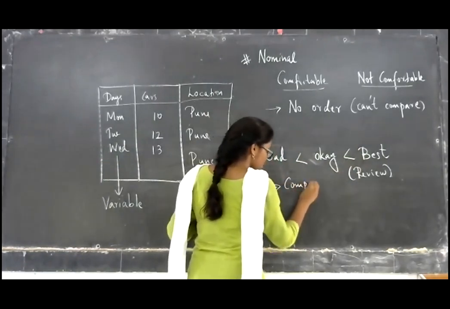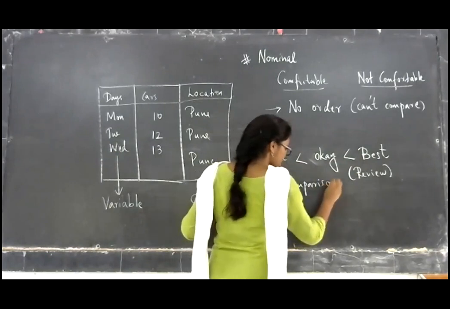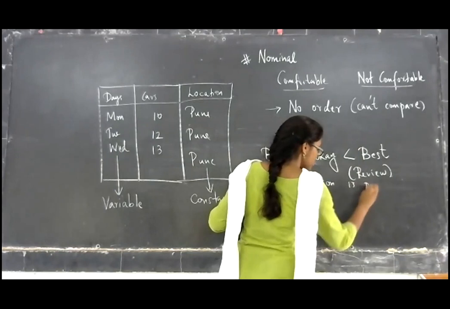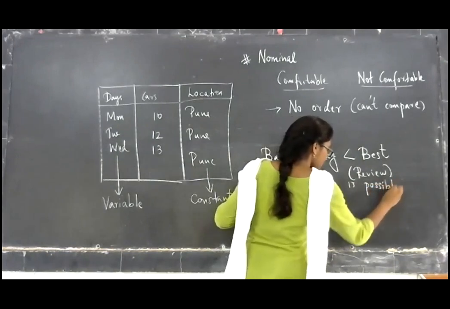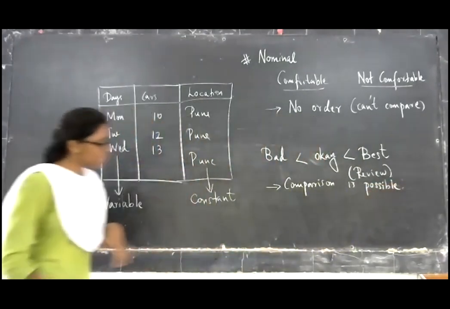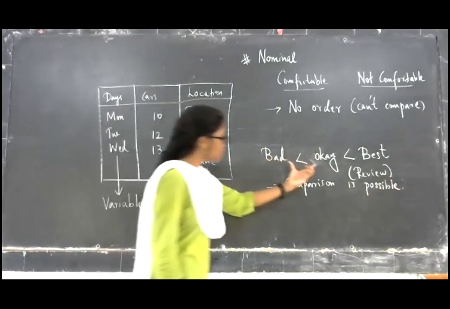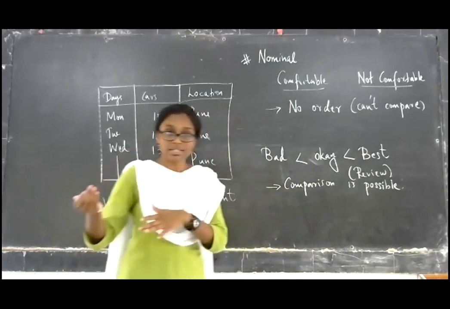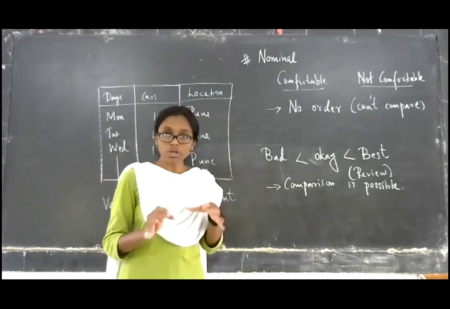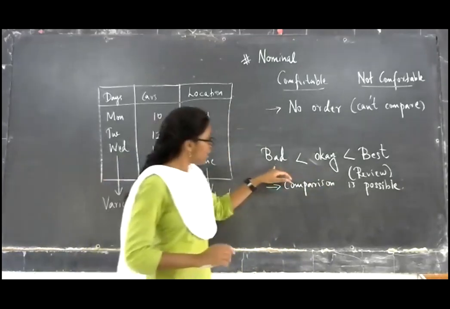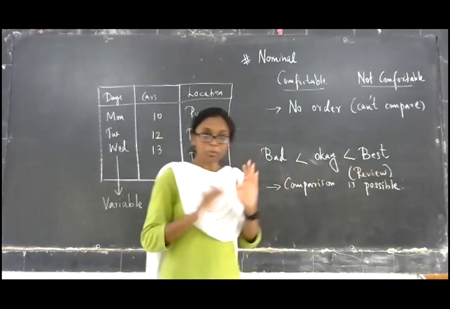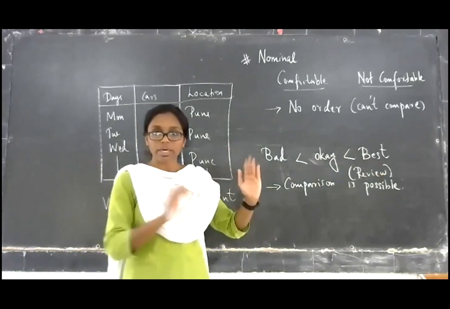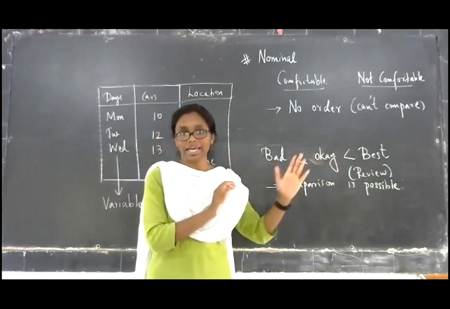Comparison is possible, but there is one particular thing missing there. The thing which is missing is you don't know what the difference between bad and okay is. How bad is it? How best is it? How okay is it? You don't know the difference between each of these things. You can only put them in an order, but you can't tell how much the difference is between bad and okay, or between okay and best.